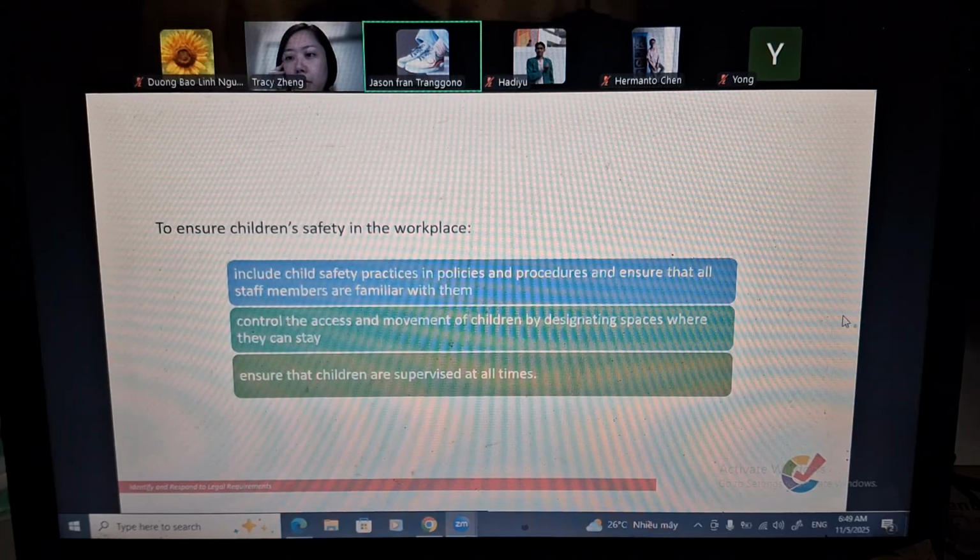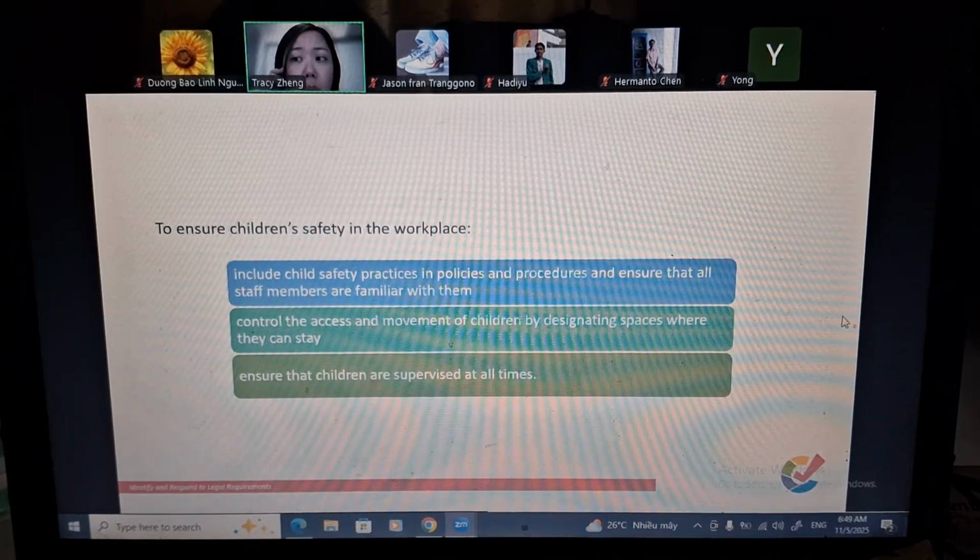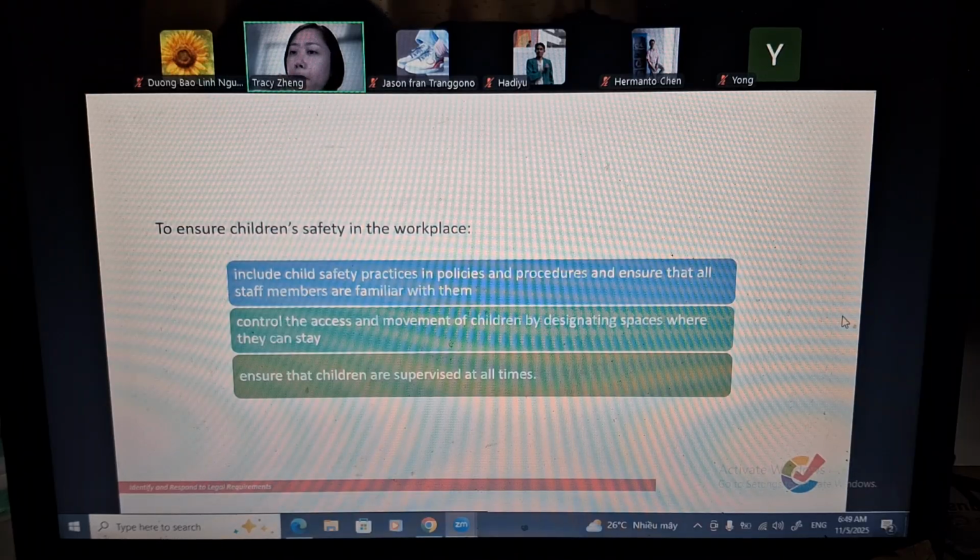Maybe the warehouse. Where, sorry, in our workplace? Warehouse. Our aged care facility doesn't have a warehouse.